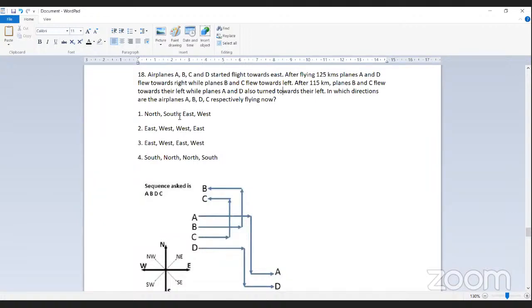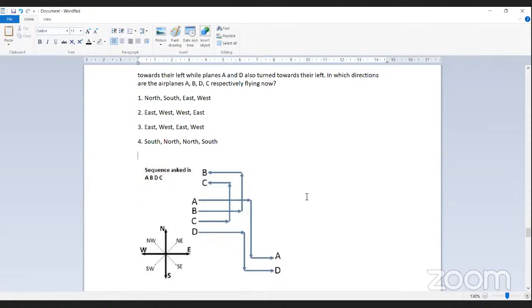The first option, north, south, east, west, they are all different, which is wrong. Second, east, west, it should be east, west only, correct? Third set is like that, east, west, east, west. South, north, north, south, again it is opposite. Even without drawing, you can get the answer as 3. Okay, but observe the drawing.